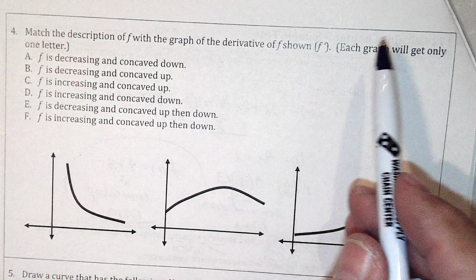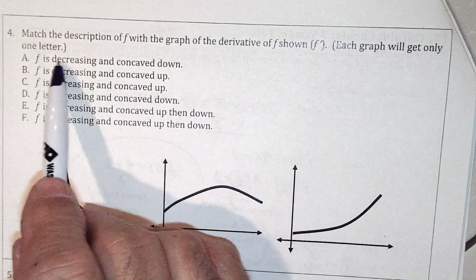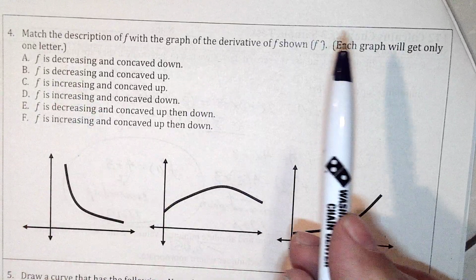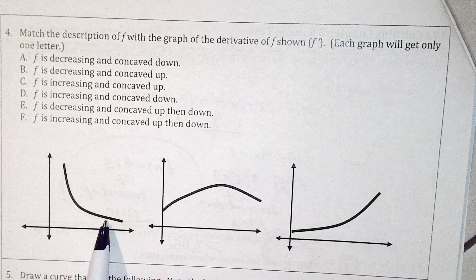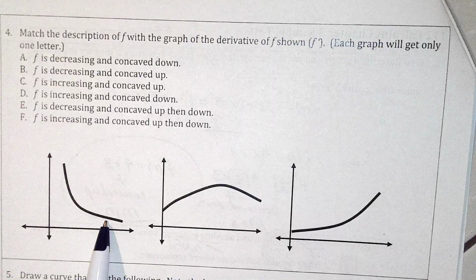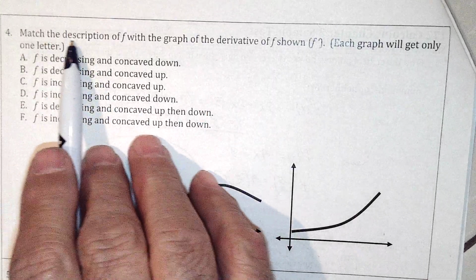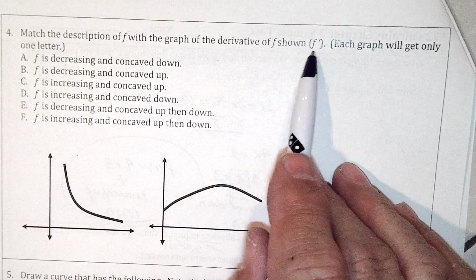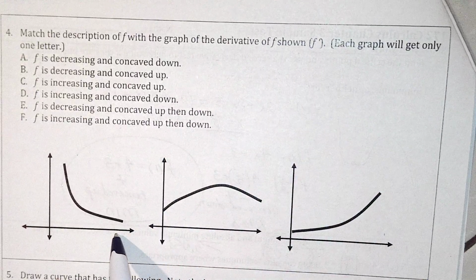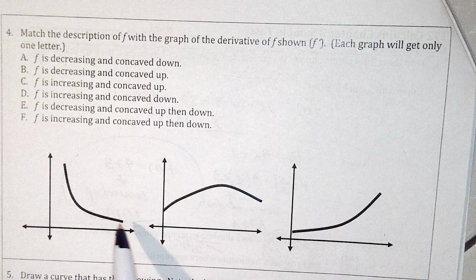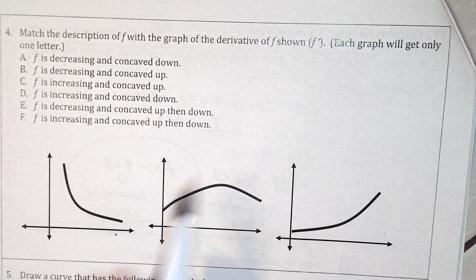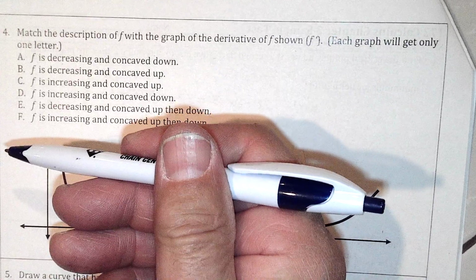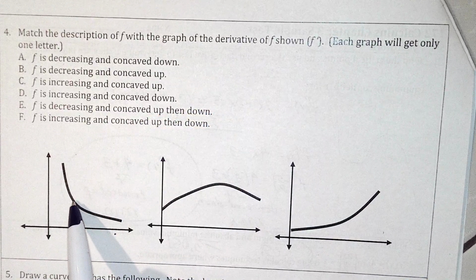Okay. F is decreasing. Okay, so this graph. Match the description of f with the graph of the derivative shown. So these are derivatives, so you got to think derivative. This graph is always positive, and the derivative tells the slope.